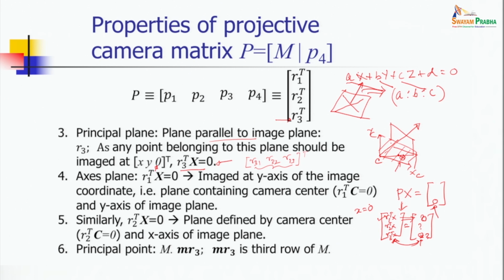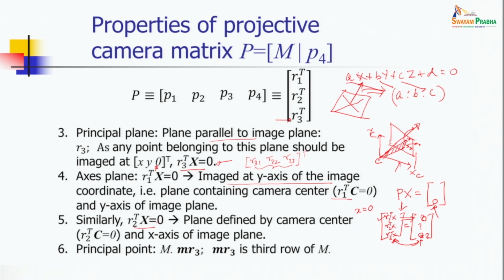In the imaging convention, if I consider the coordinate axes, say this is the X axis and this is the Y axis, X equal to 0 means all these points will lie on the Y axis. So this plane is the plane formed by the Y axis of the image plane, that is, the plane containing the camera center and the Y axis.